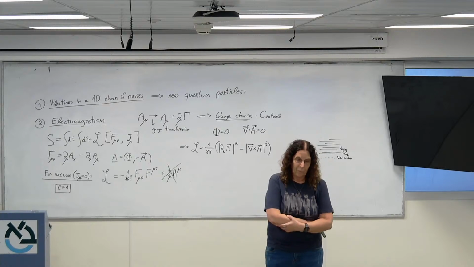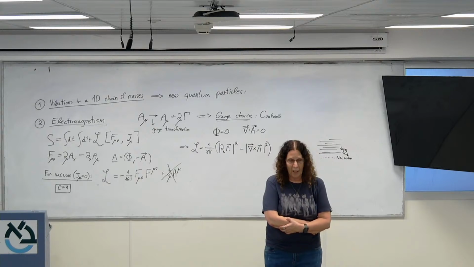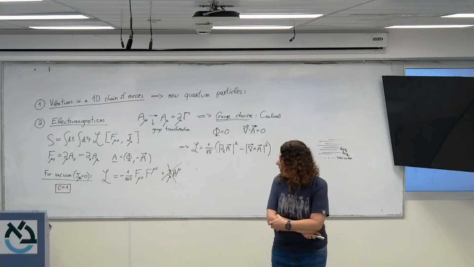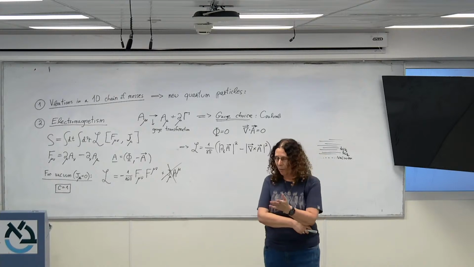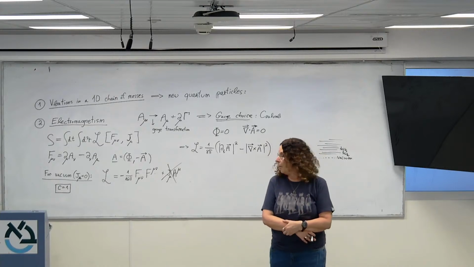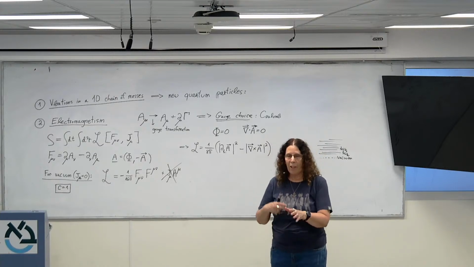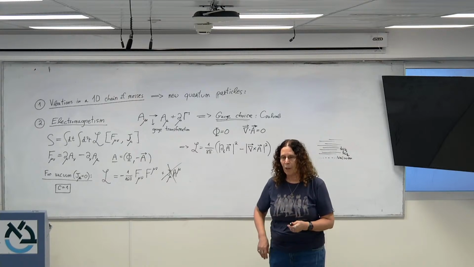Are there cases in which we will choose another gauge? You can choose any gauge you like. In fact, in one of the homeworks you have another choice of gauge.